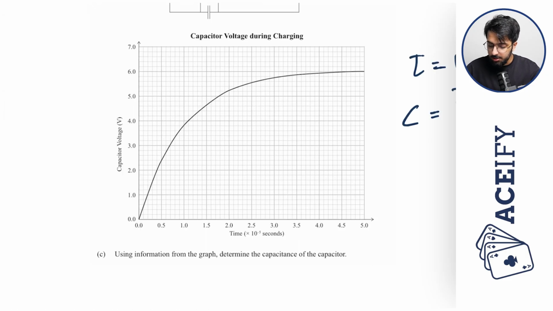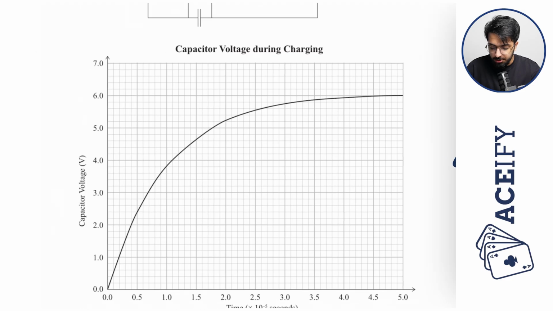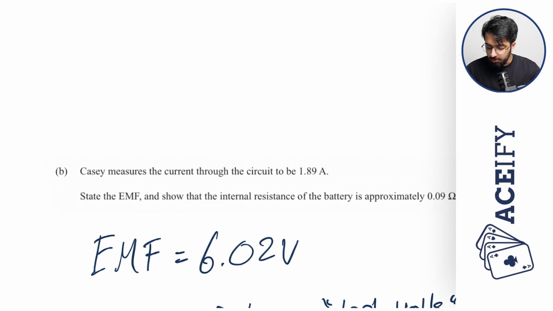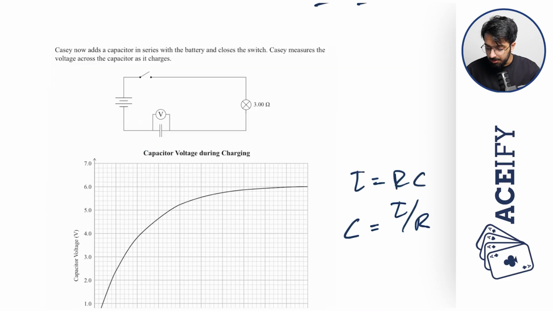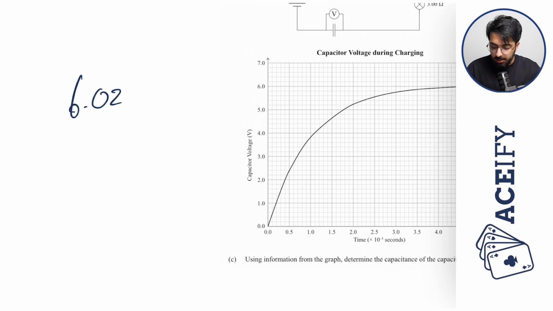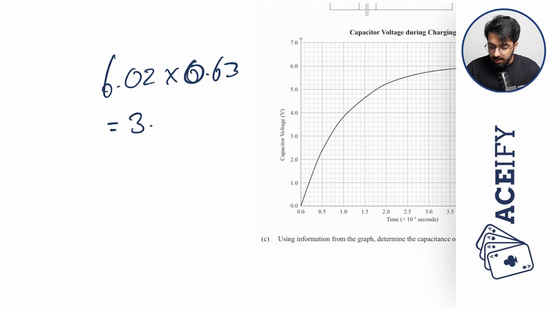The way we can do that is we can take our max voltage value, which is 6 volts, or actually 6.02 volts to be precise, and we can take 63% of that value, and then we can find that time value at that voltage value, and that will be our time constant. So we take 6.02 multiplied by 0.63, and that's equal to 3.8 volts.